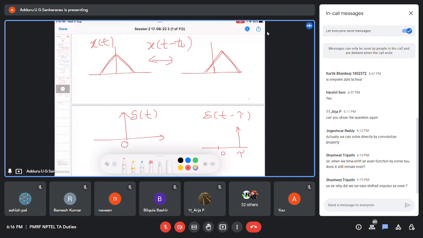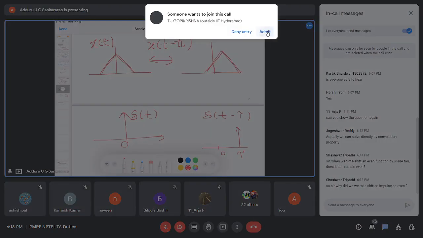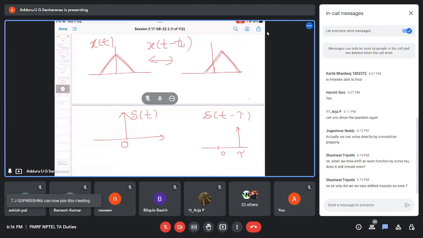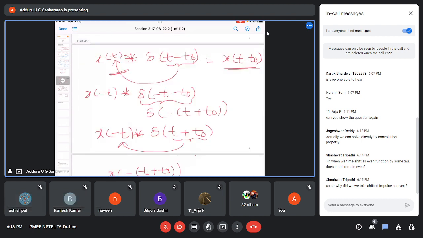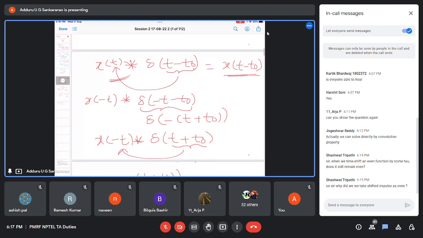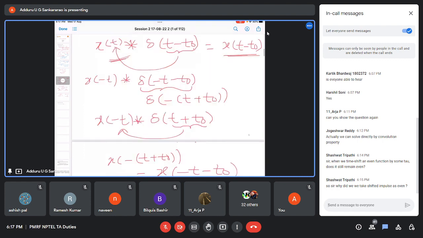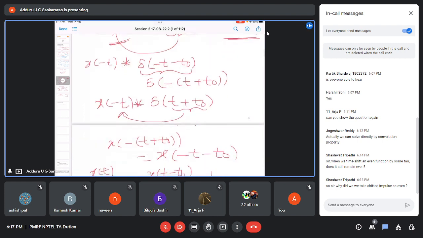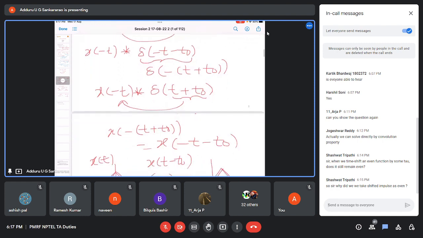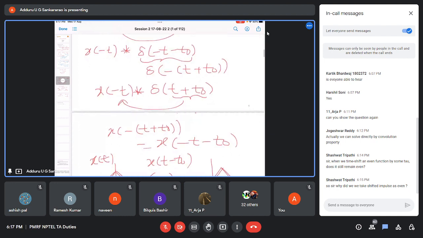Did we take shifted impulse as even? Actually, if you see, both look the same.